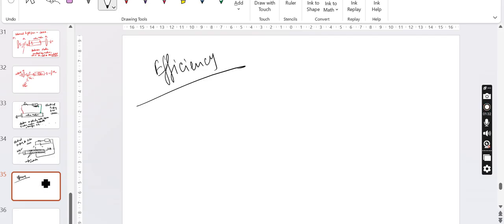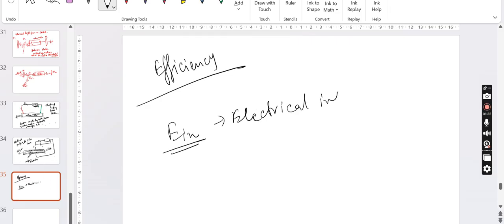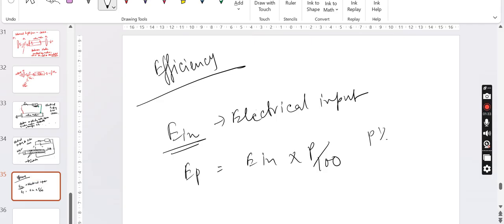If E in is the electrical input, due to the pump, after electrical pumping we will get EP, that is E in into P by 100, in percent of E in that produces photons.